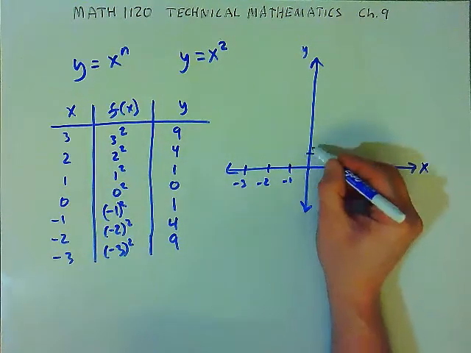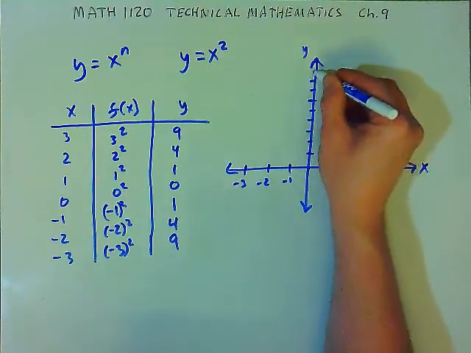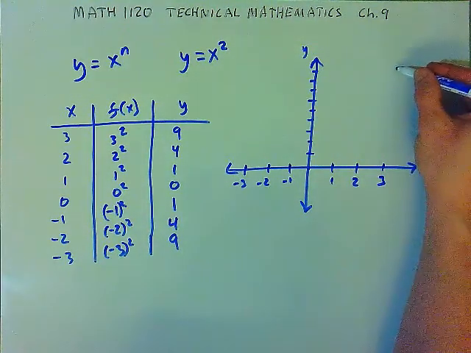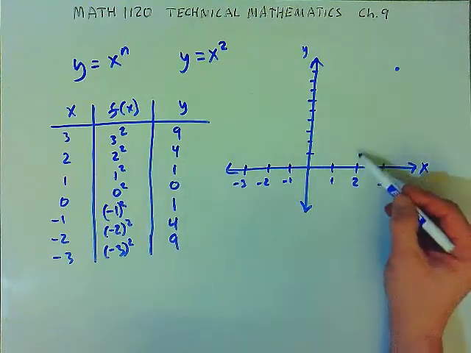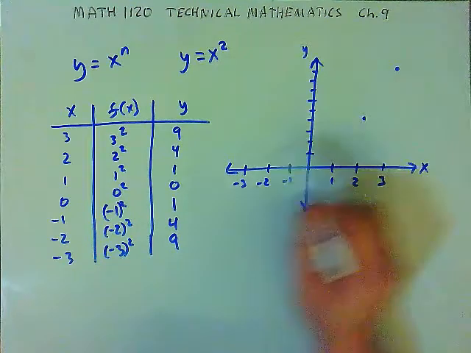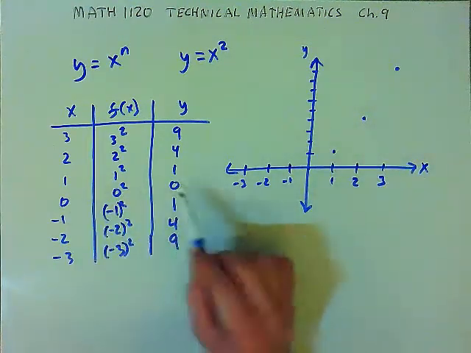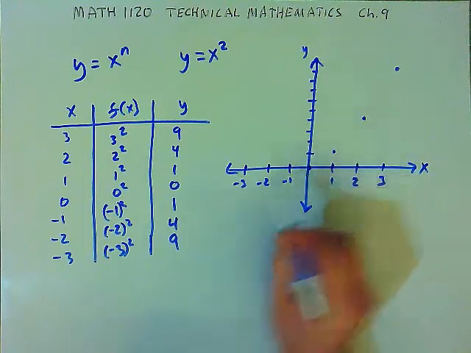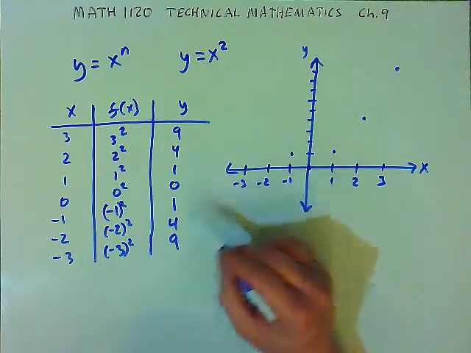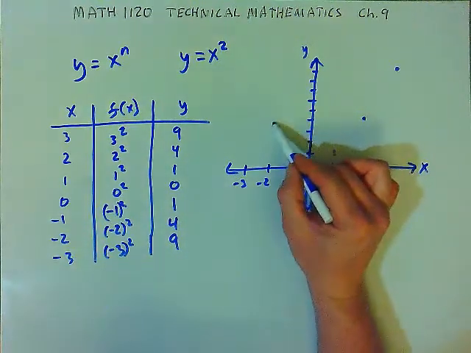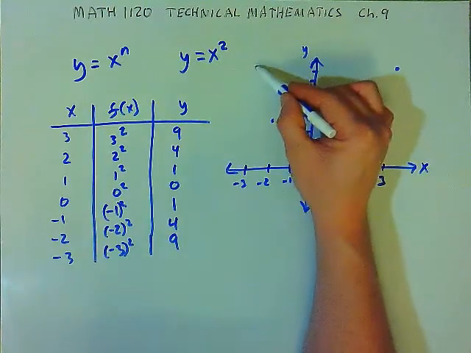So let's see, 1, 2, 3, 4, 5, 6, 7, 8, 9. When x was 2, y was 4. When x was 1, y was 1. When x is 0, y is 0. When x was -1, y was +1. When x was -2, y was 4. And when x was -3, y was +9.